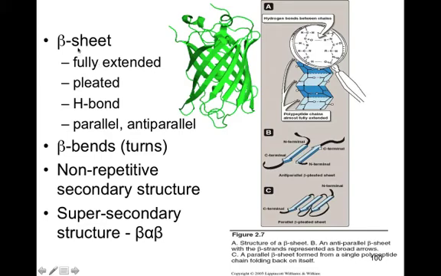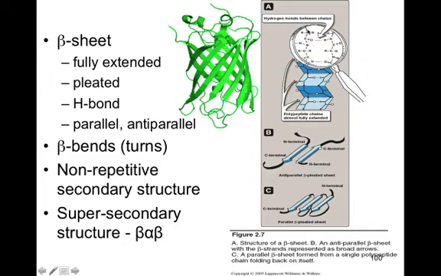Which brings us to the second part of the secondary structure, one of them being the alpha helix. The second one is beta sheets. In a beta sheet, two or more segments of a polypeptide chain line up next to each other, forming a sheet-like structure that is again held together by hydrogen bonds. The hydrogen bonds form between the carbonyl and amino groups of the backbone, while the R groups extend above and below the plane of the sheet.